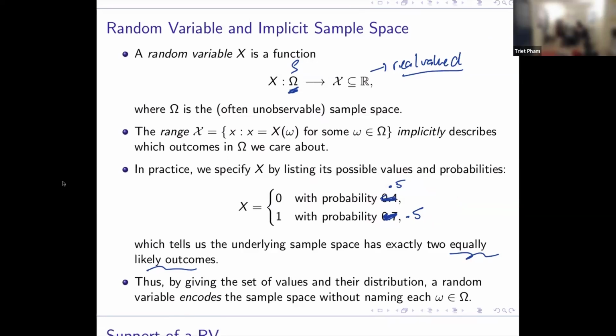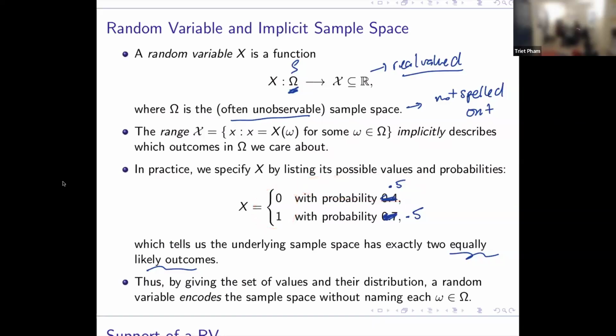All right. And here is another thing. Unobservable is one way to put it, but it's also not spelled out. So for example, when you say 0 and 1 like this, you're not really naming the sample space.